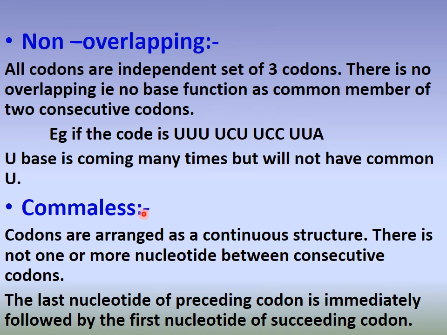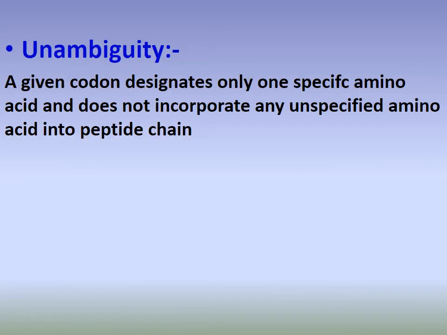Then they are comma-less. So there is no punctuation, no other nucleotide in between. All the codes are in a continuous manner. There is no intervening nucleotide in between. The last nucleotide of the preceding codon is immediately followed by the first nucleotide of the succeeding codon.